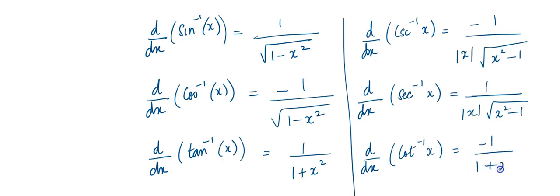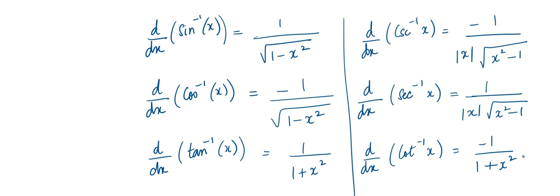Now, notice how the x squared minus 1 has changed. It was 1 minus x squared on this side, but that side is x squared minus 1. We also have the absolute value of x. Notice that these are all already reciprocals of the functions on the left. So if it's a reciprocal, then you already have a flip. And then to that, you have the inverse added.